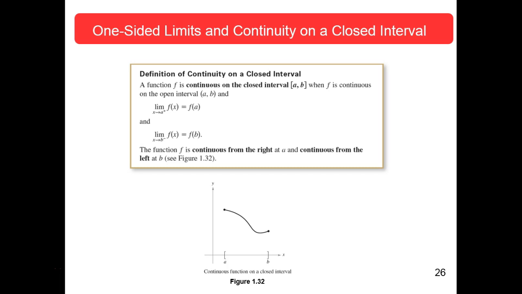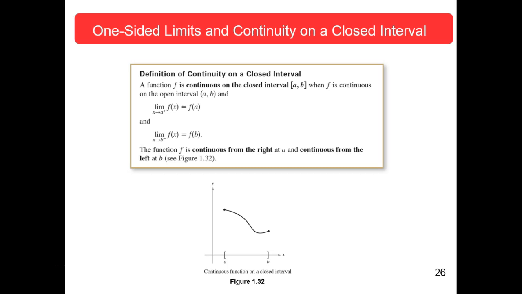When f is continuous on the open interval, a to b, now you could have open circles there, okay? And the limit as x approaches a from the right-hand side, from the positive side, if that is equal to f of a, that means it's closed there, okay?